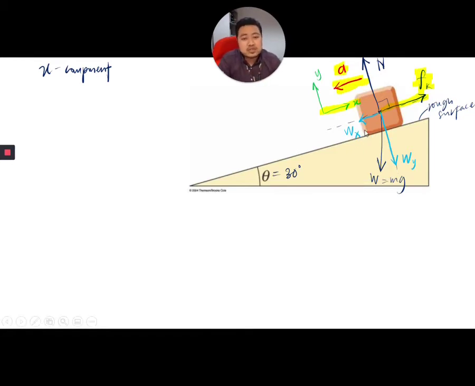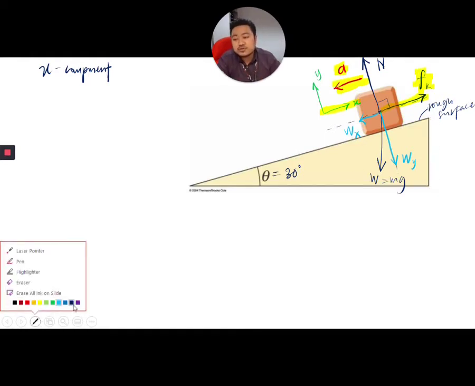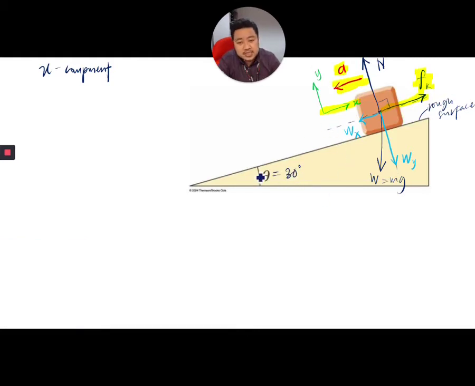Because w here is directly downward, parallel with the vertical side of the triangle, we can use the information about this corner of angle 30 degrees. So this is going to be 60 degrees, whereas this is going to be 90. We can transfer the 60 degrees angle, so it is the angle between wx and w.